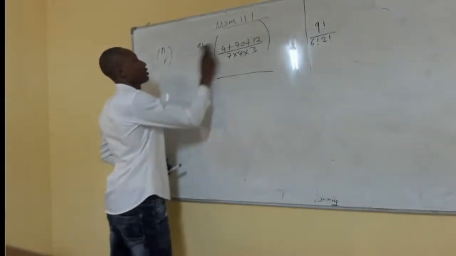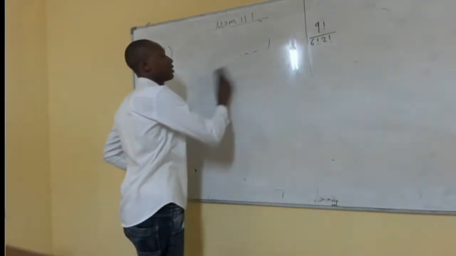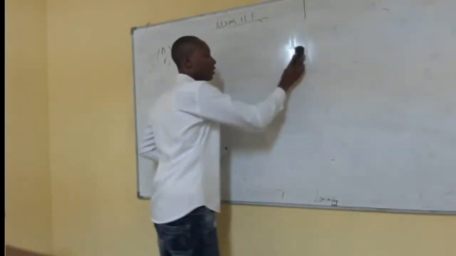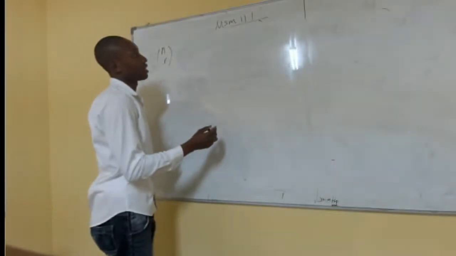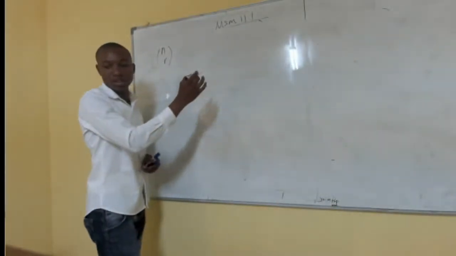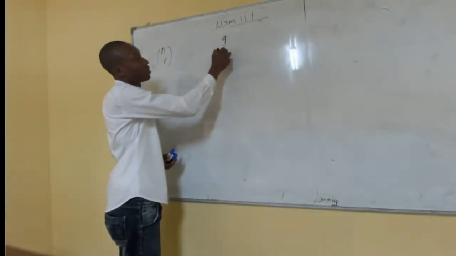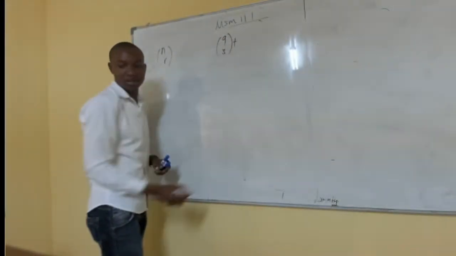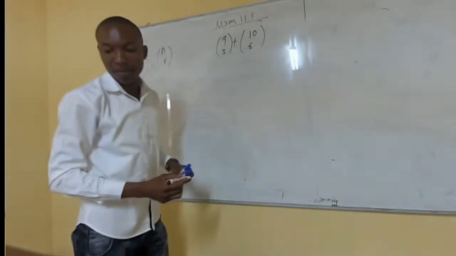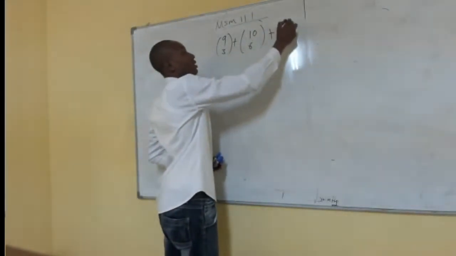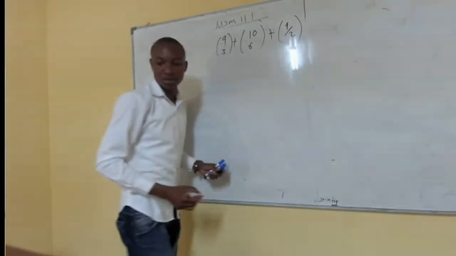Let me erase this for a bit. So for those who are just coming in, this was the question. N choose 3 plus 10 to 6 plus 9, 2.